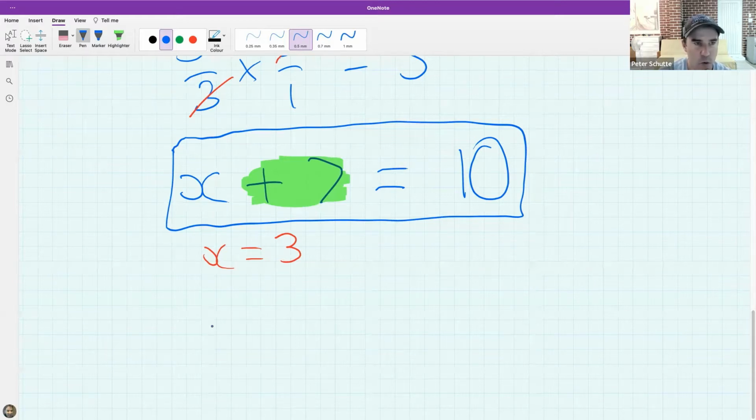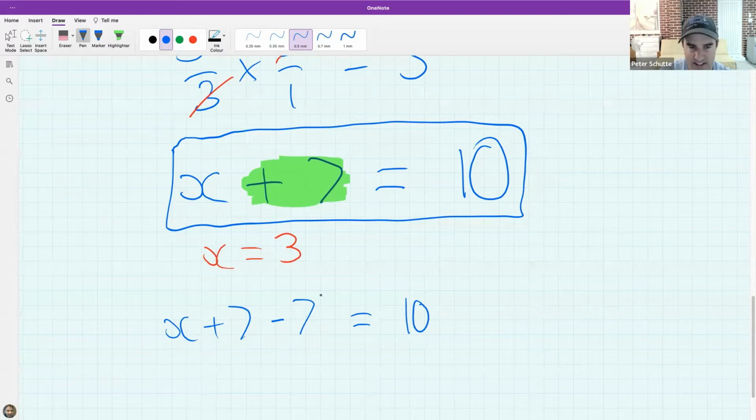So what we do with equations, the main method we use is we say, look, if I think of something that will undo the plus 7, I'm going to take away 7 on the one side. But the problem is an equation is an equal statement.